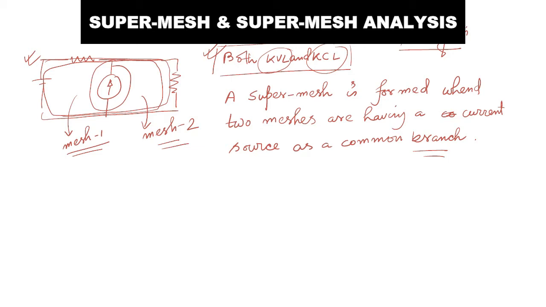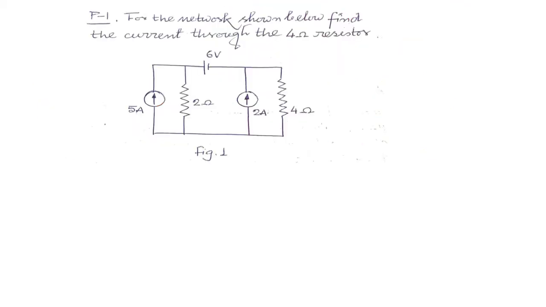Now let us take the problem from which we will learn how to find the solution of such circuits. Here you see a circuit containing voltage and current sources, and here we will develop the concept of super mesh.